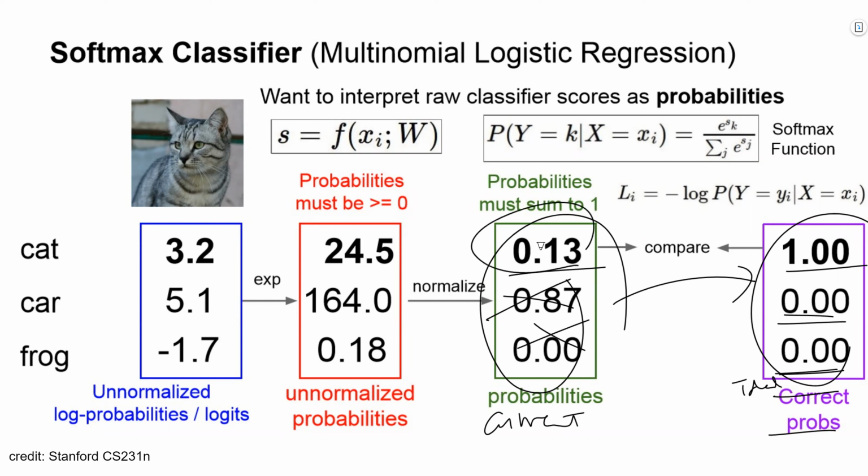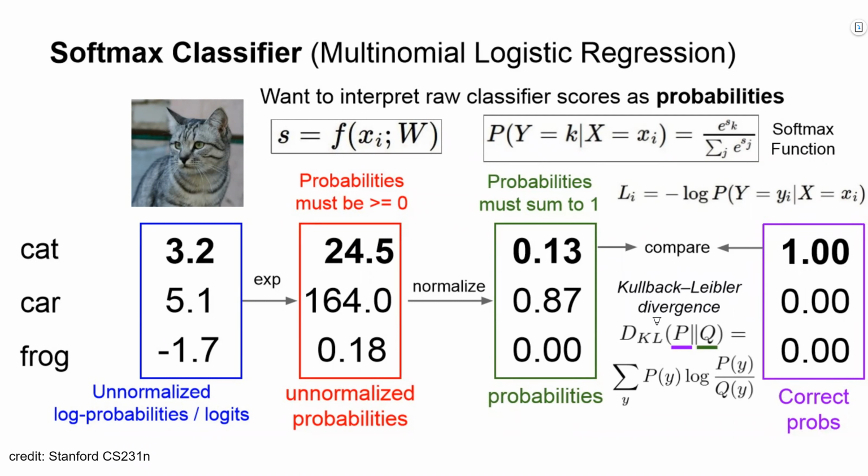We only care about this probability. And I told you in the previous slides that to measure the distance between two probability distributions, we use KL divergence, and it is named after Kullback and Leibler, the developers of this concept. You can calculate the distance with this equation. And using this KL divergence, we can derive this loss function.